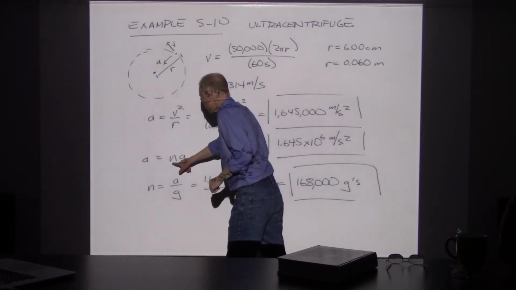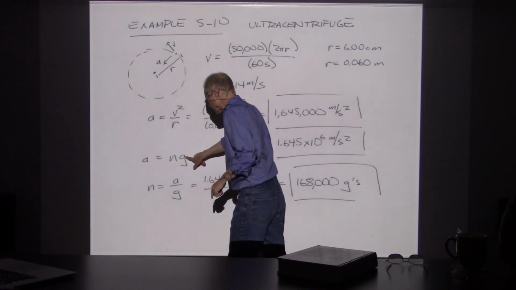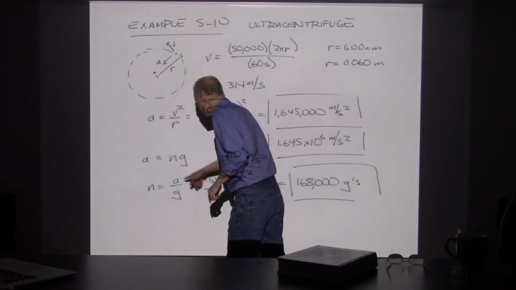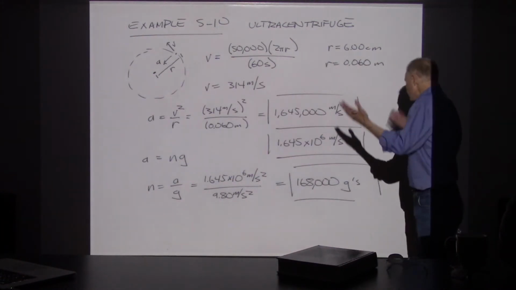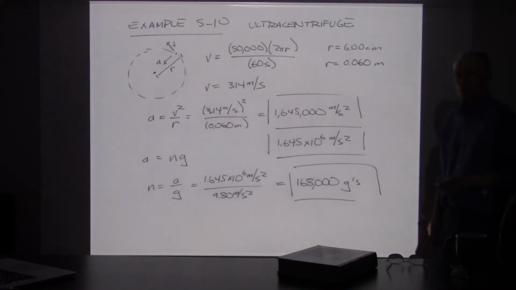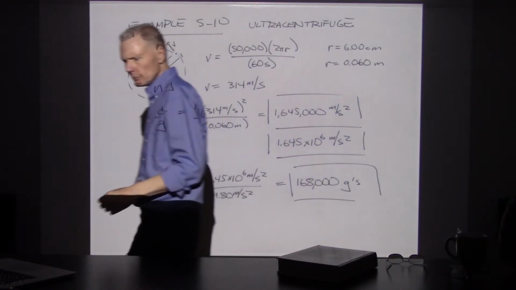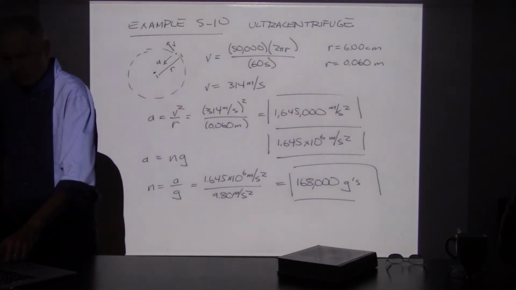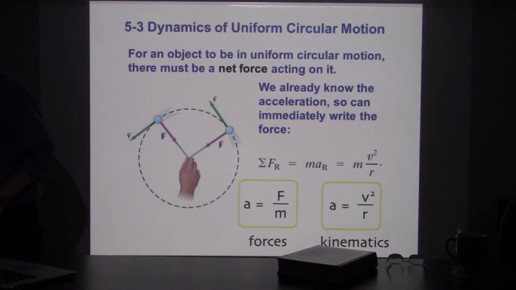That's not a normal force, that's just a number. It's some number of gravitational accelerations. And so n then is a divided by g, and that says it's 168,000 g's. G's, that's a lot. Okay, so that's our ultracentrifuge.